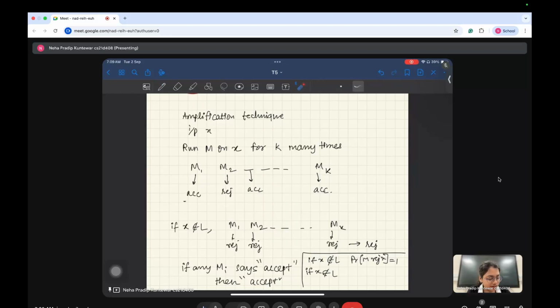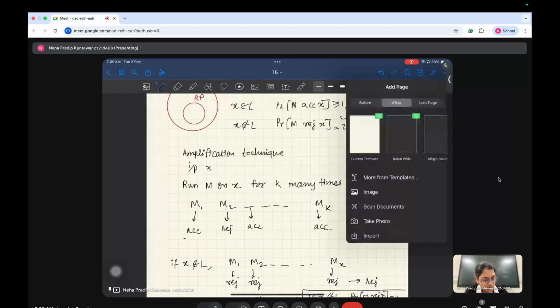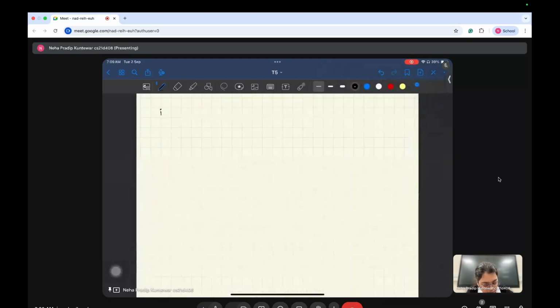The error is that x is in the language, but all of them said reject, and therefore I ended up rejecting. So what is the probability that M makes an error?